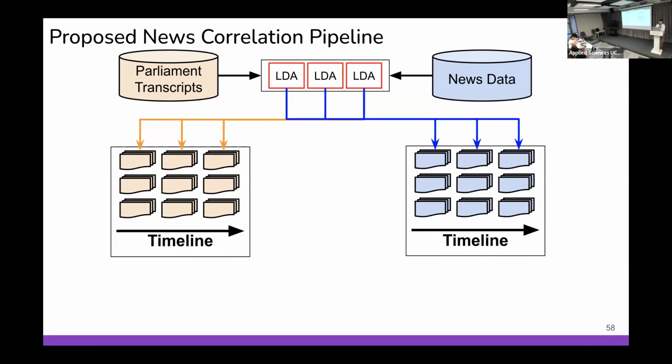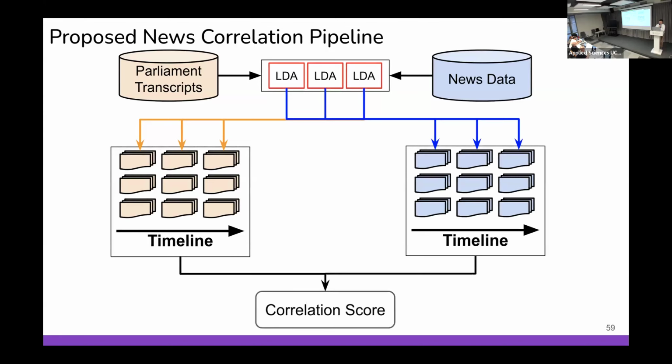Then we are summing the probabilities of all words, so we will have an array of these sums for each period, and then we are applying Pearson correlation in order to find some linear relationship. And this is how the correlation score is calculated.